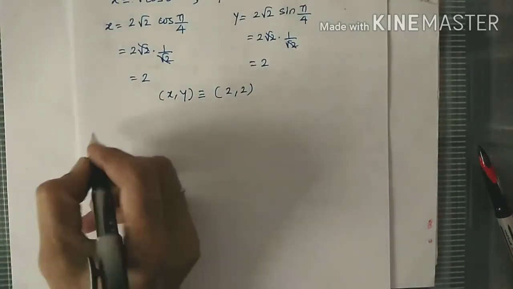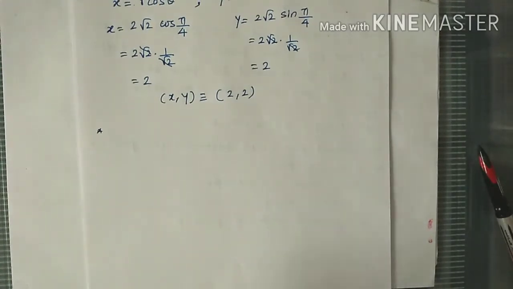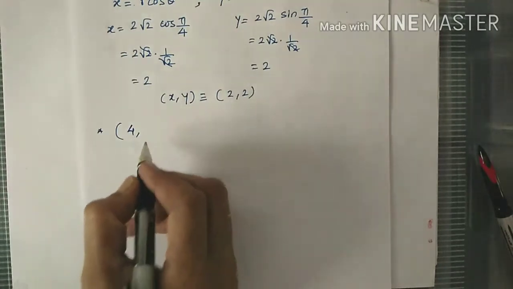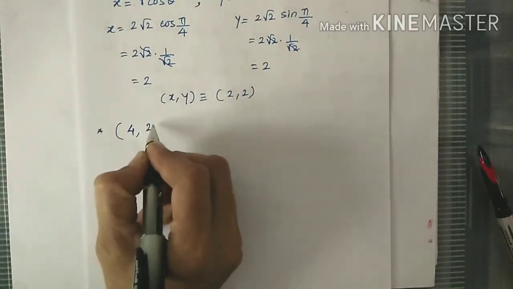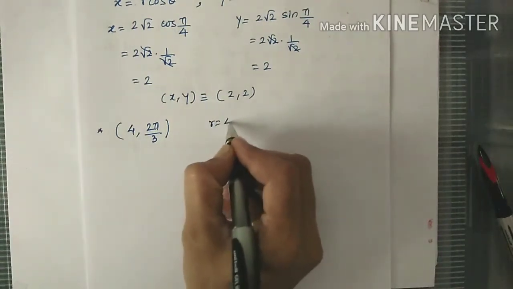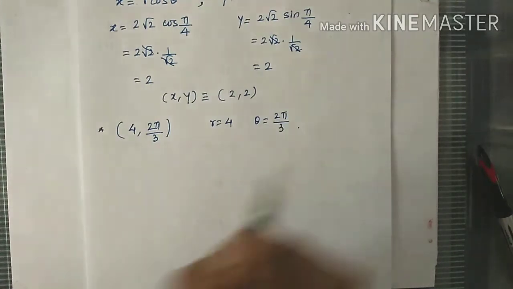Let's take one more example. Say 4 and 2 pi by 3. So r is 4 and theta is 2 pi by 3.